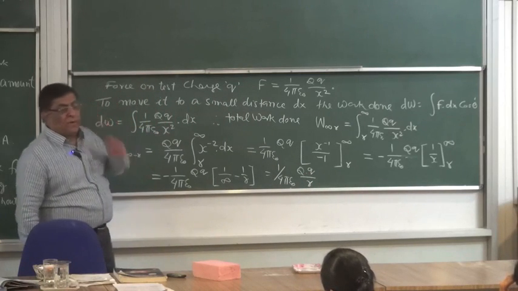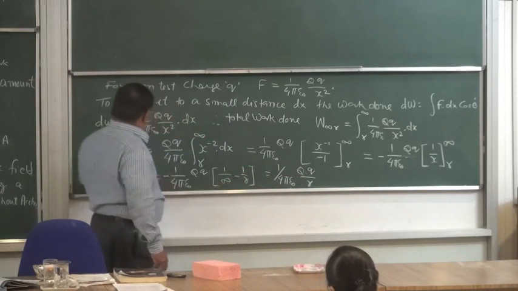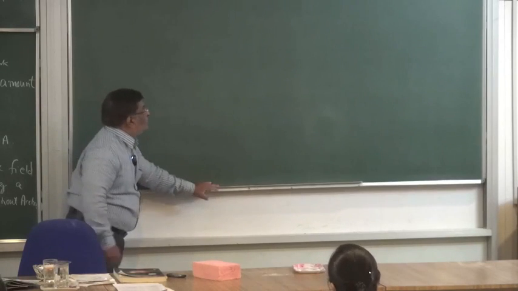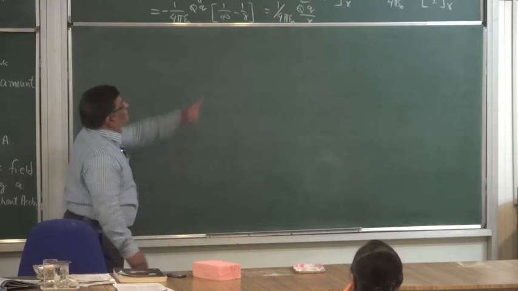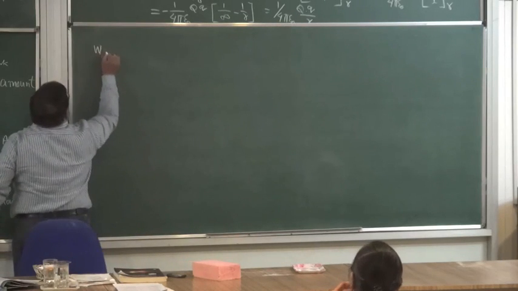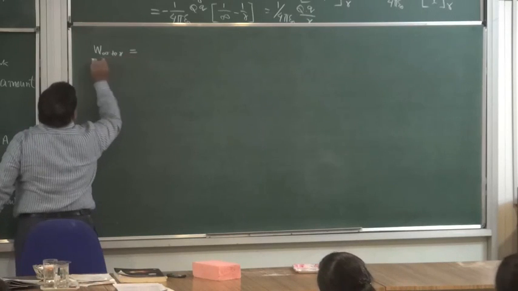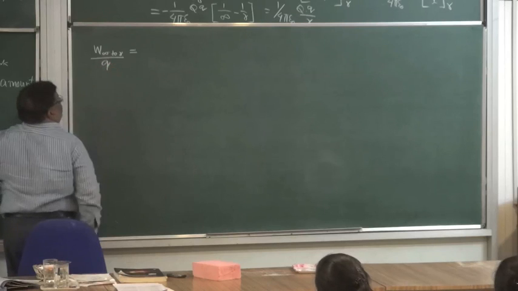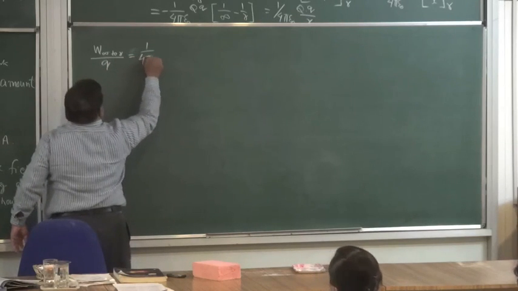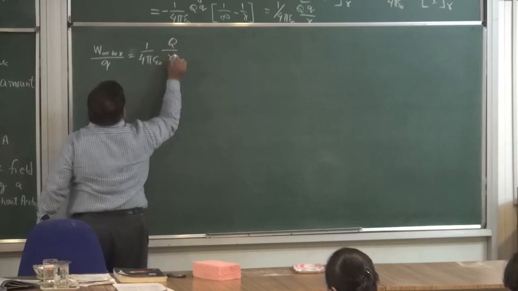Okay? And now this small q you bring on this side, so what do we get here, work done from infinity to r per unit test charge is equal to 1 upon 4 pi epsilon naught q upon r.